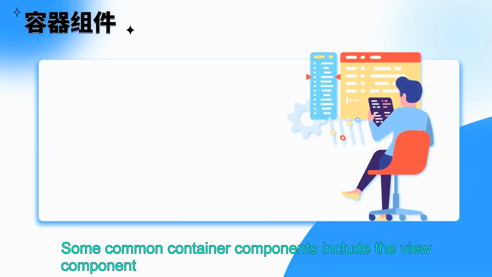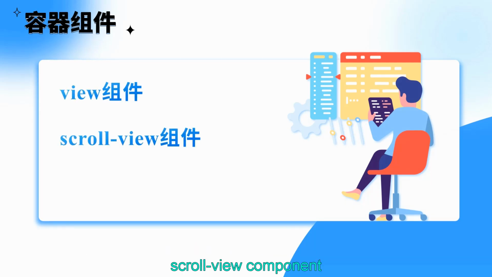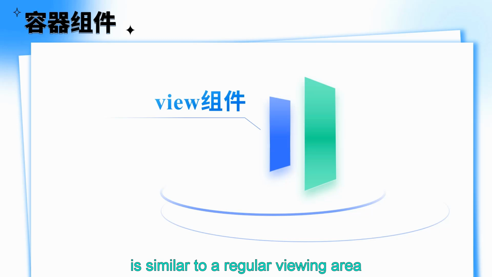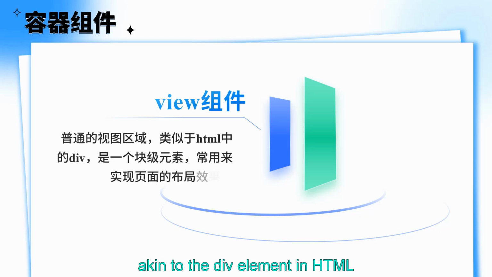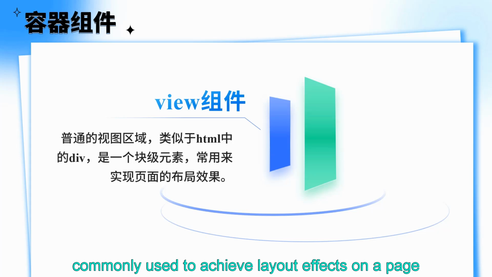Some common container components include the view component, scroll view component, and swiper component. The view component is similar to a regular viewing area, akin to the div element in HTML. It is a block-level element, commonly used to achieve layout effects on a page.